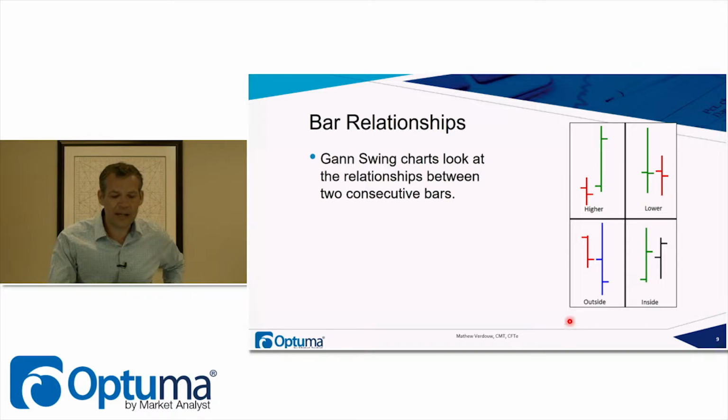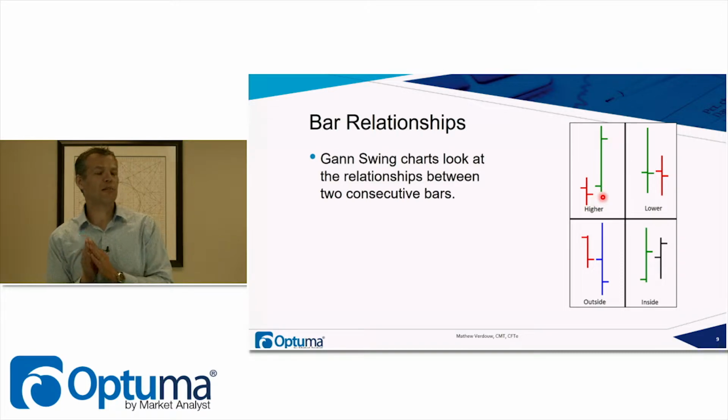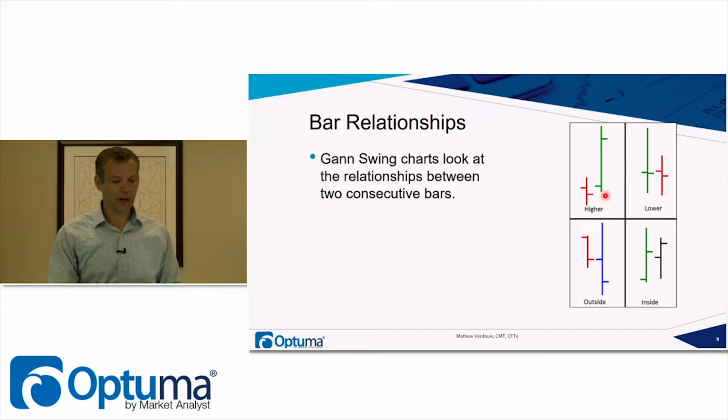A higher bar is where it has a higher low. All of these are just a direct comparison to the previous bar. So compared to the bar before, we've got a higher low and a higher high. For a lower bar, a lower high and a lower low. This one's only just lower. Then we have two other cases. We have the outside, where it has a higher high and a lower low.